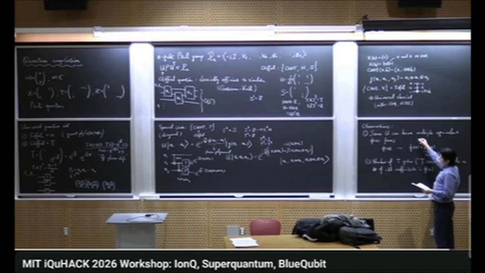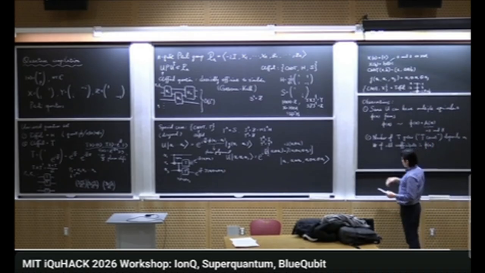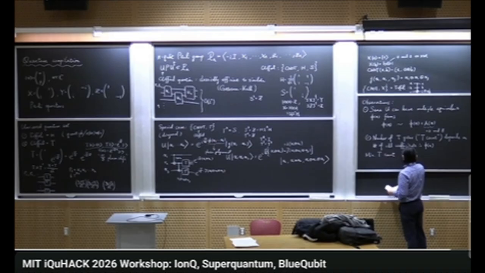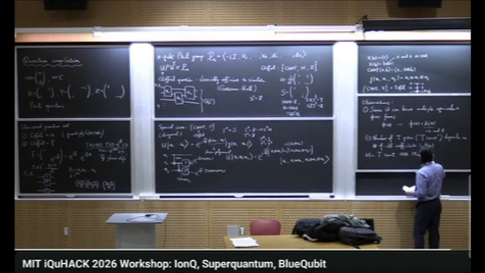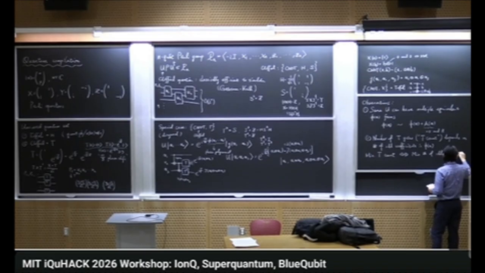So those are two observations, and the punchline of this whole series of reasoning is that minimizing the T count is equivalent to minimizing the number of odd coefficients in the phase polynomial.